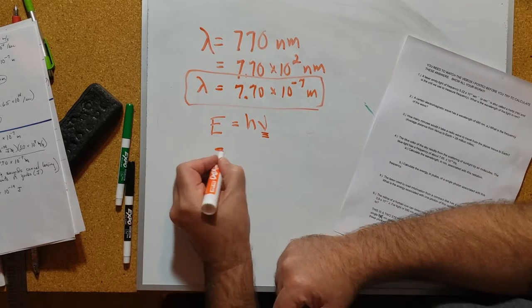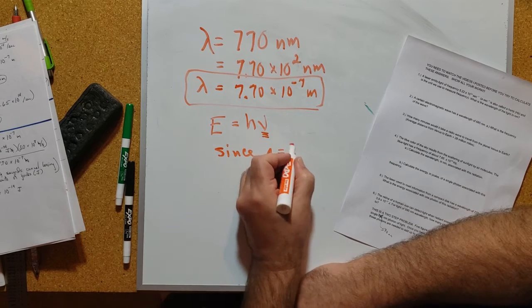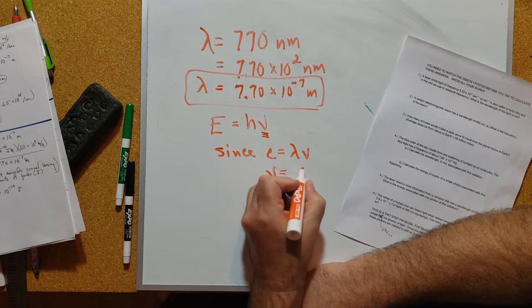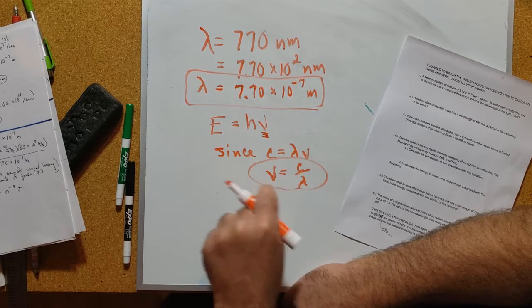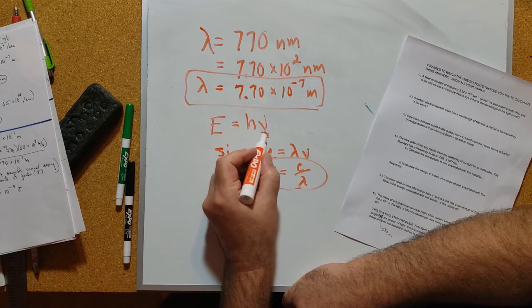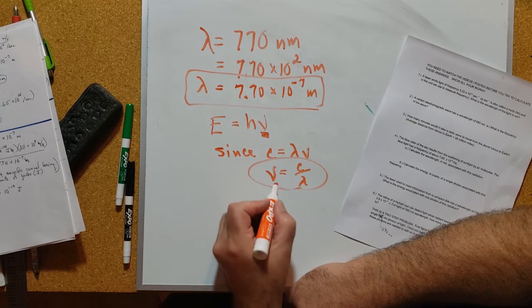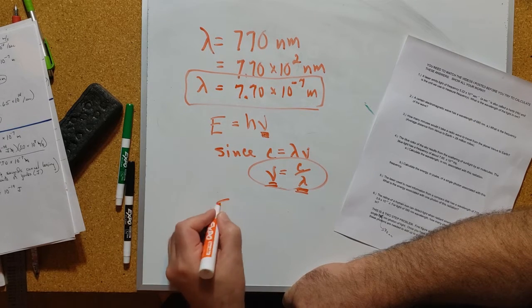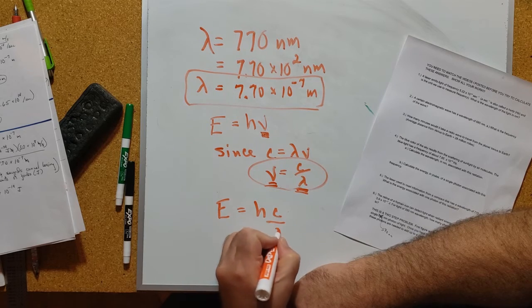However, we know that the speed of light is wavelength times frequency, which means that frequency is equal to c divided by lambda. I just do a quick little conversion here. Now, if I remove the Greek letter nu, the frequency, from this energy equation, and instead of putting nu in, I substitute c over lambda, I create a new equation, hc over lambda.